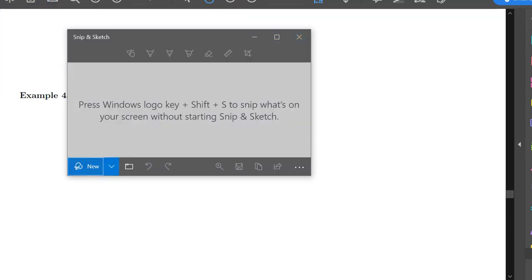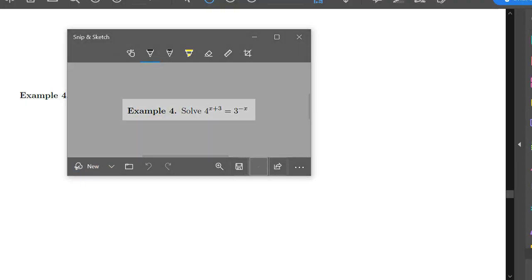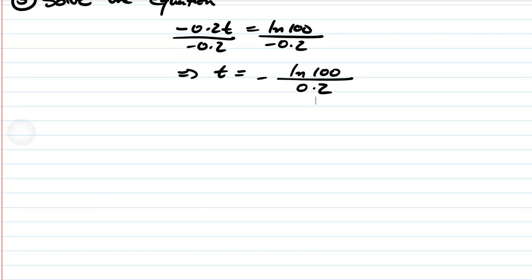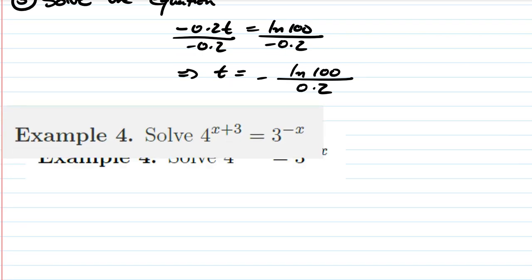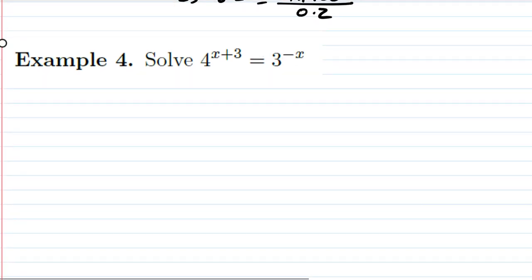So example 4 is different, once again, than the first 3 examples that we've seen. So this one is different because now instead of having one exponential, we have 2 exponentials.